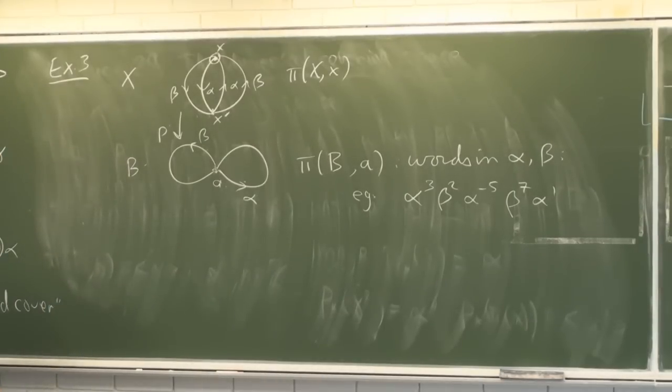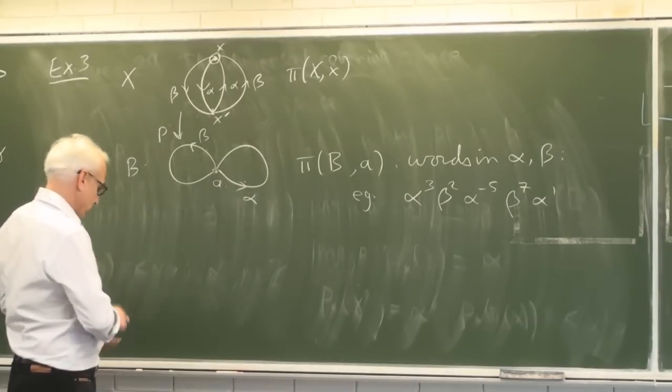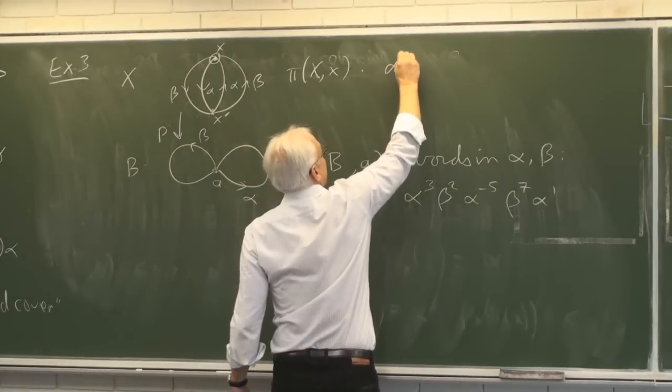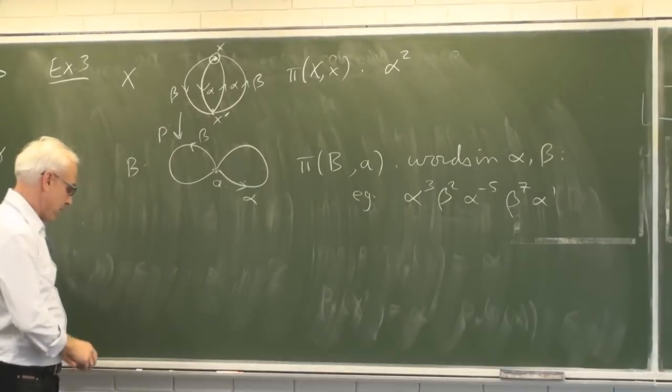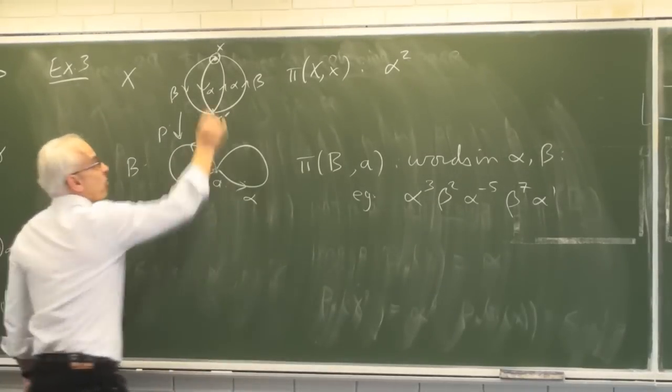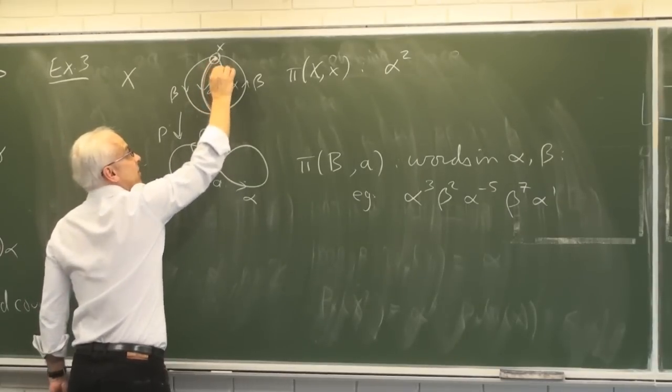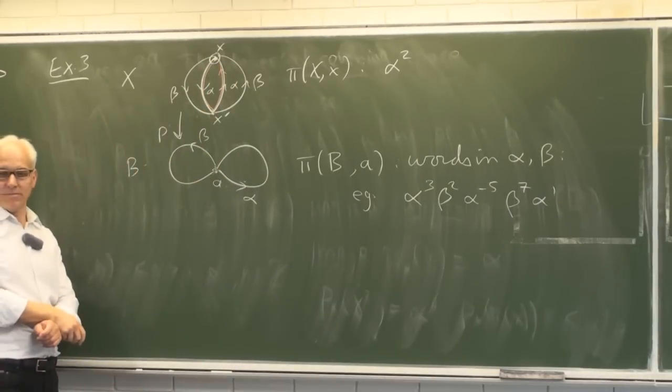Let's choose the following ones. I'm going to write them like this, hopefully without confusion. Alpha squared means this loop: you go down that alpha and then up that alpha. That's a loop.